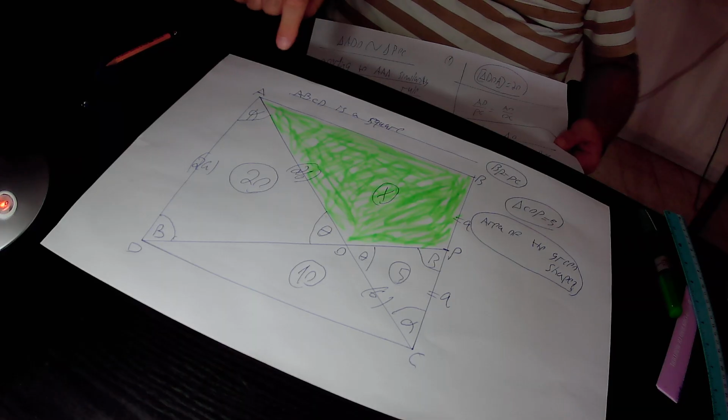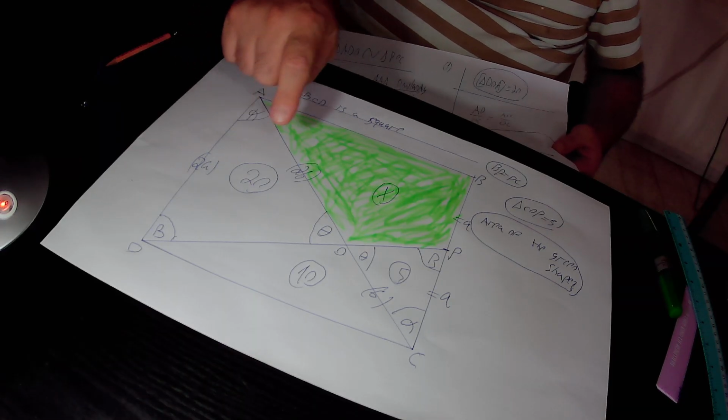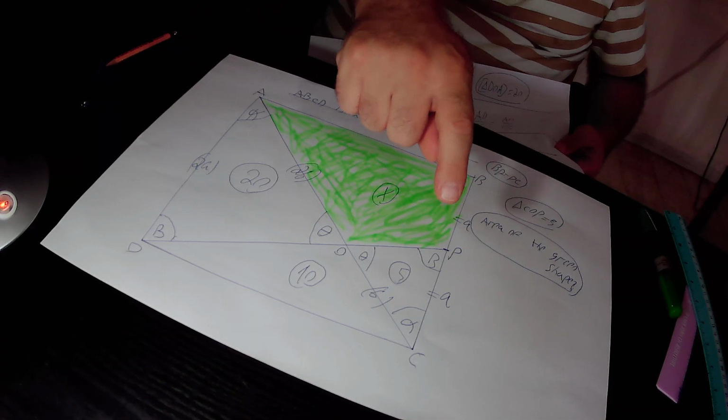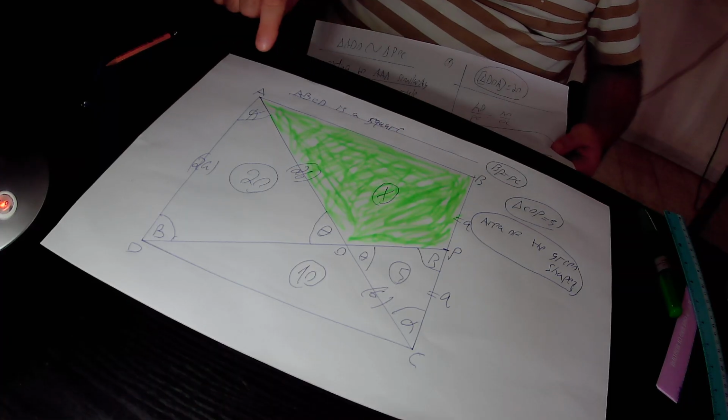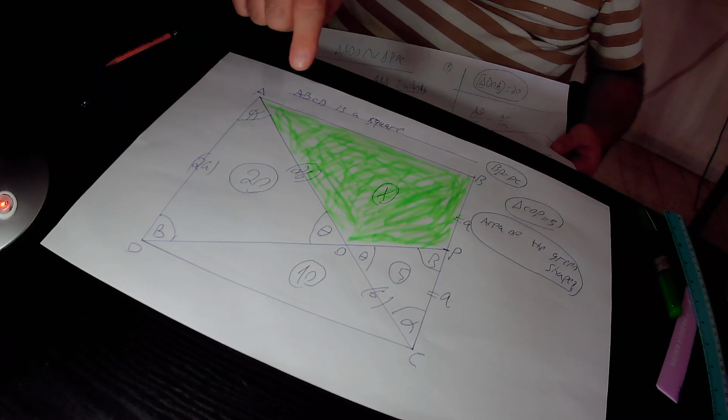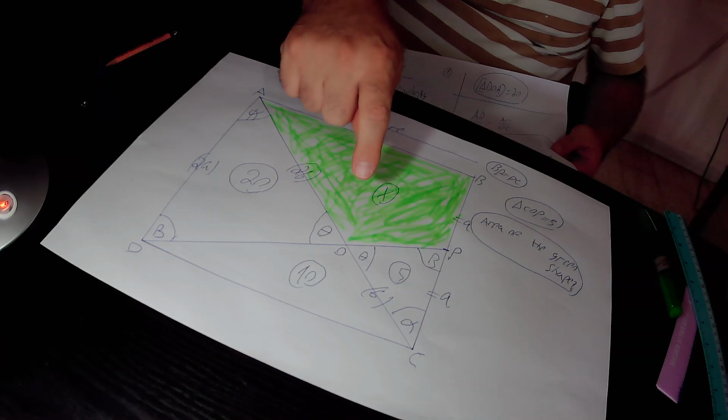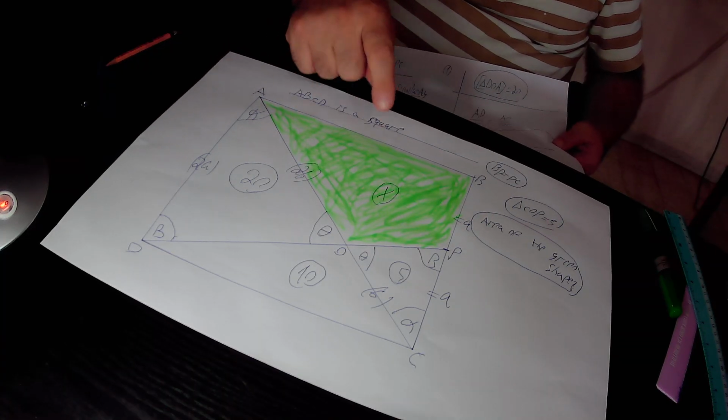Side AD in triangle ADO over side PC in triangle OPC is equal to side AO of triangle DOA over side OC of triangle OPC.